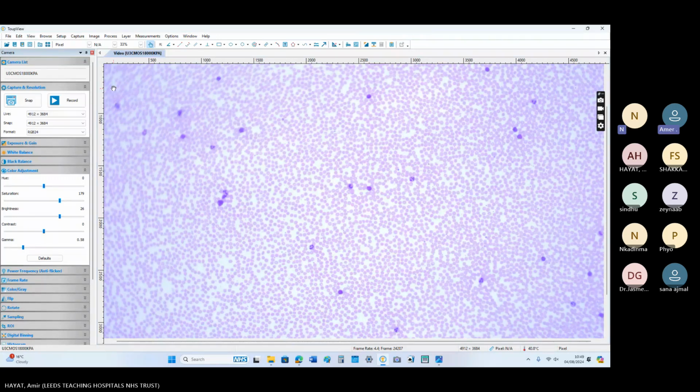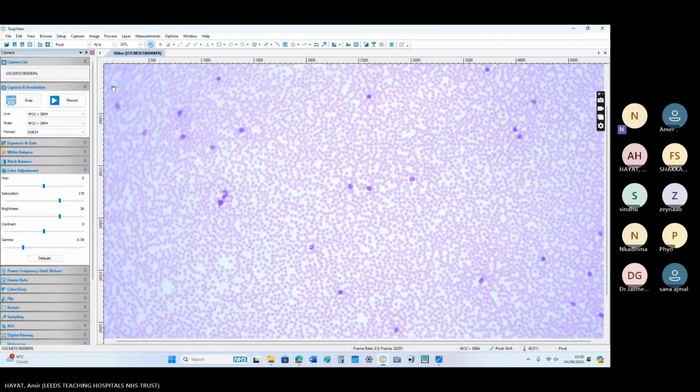Yes, so you will say consistent with most likely chronic leukemia, but I would like to confirm it with further testing, flow, FISH, PCR, because if the blast percentage is more than 20%, then this is AML.